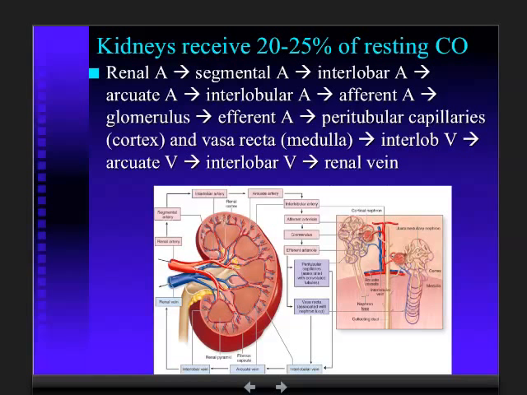This is called the loop of Henle. It goes down, comes back up. This is called the distal convoluted tubule. Distal because it is further downstream from the glomerulus. And then this is called the collecting duct.